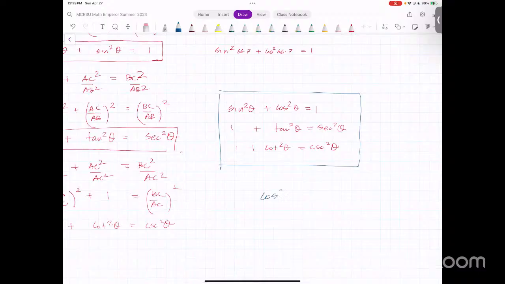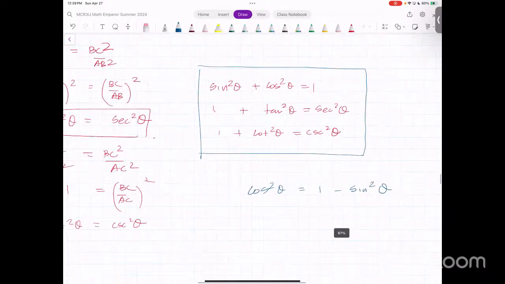How many of you say this is correct? Is that true? Okay, one thumbs up. Why do you think that is true?